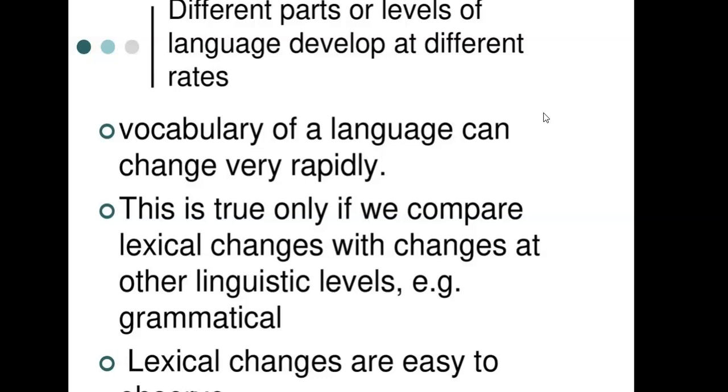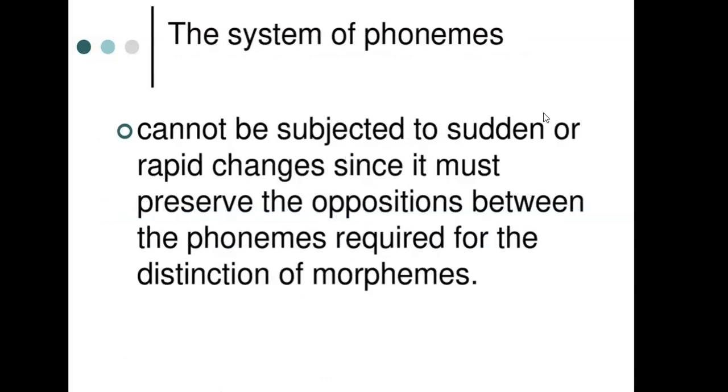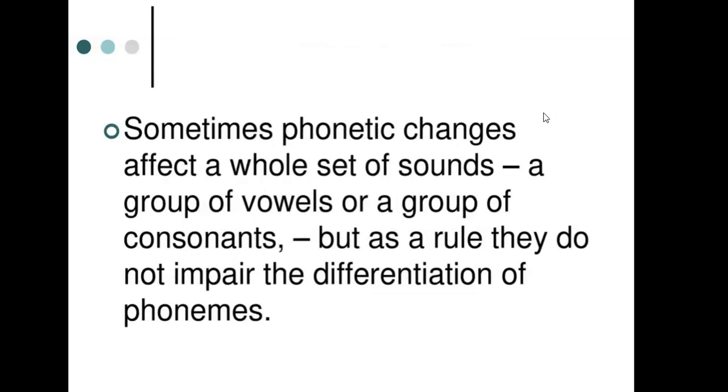The vocabulary of a language can change very rapidly. This is true only if you compare lexical changes with changes at other linguistic levels, for example, grammatical. Lexical changes are easy to observe. The system of phonemes cannot be subjected to sudden or rapid changes, since it must preserve the oppositions between the phonemes required for the distinction of morphemes.